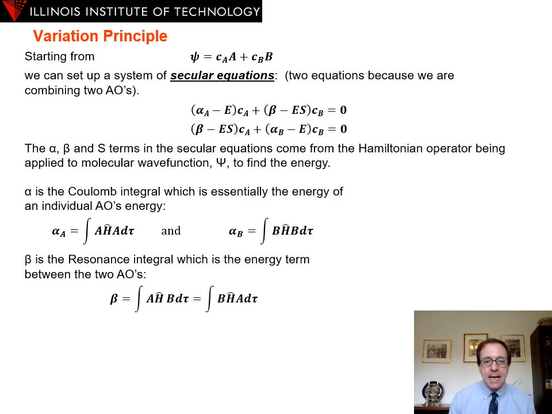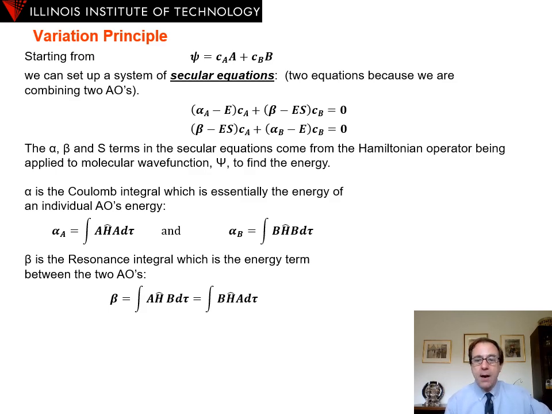So it looks like this: beta is equal to the integral of A times the Hamiltonian operating on B integrated over all space, or that is also equal to the wave function B times the Hamiltonian operating on A integrated over all space. It turns out, because these are eigenfunctions, we can swap the order around and we get the same value.